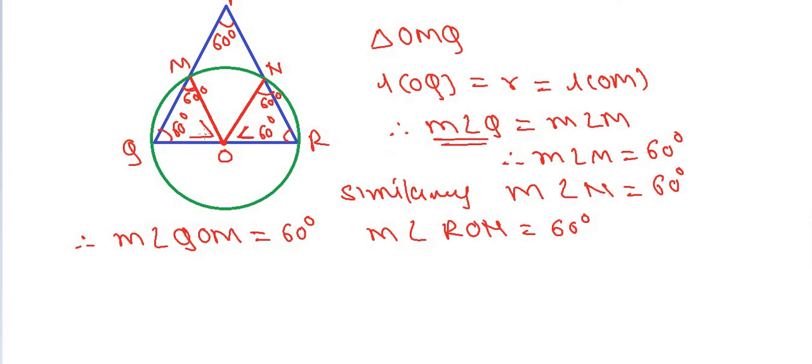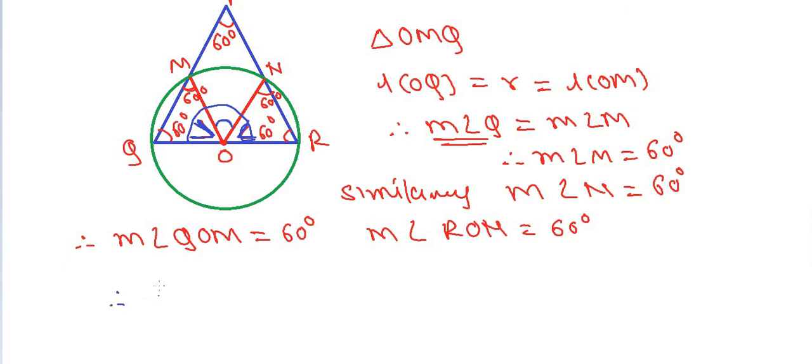Now have a look at these three angles. Which three? I will mark it there. See these three angles. Angle QOM, angle RON, 60, 60, 120, and let this be angle X. Now total linear angle is equal to 180 degrees.